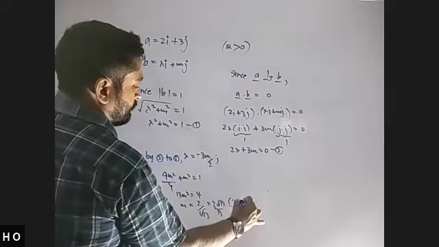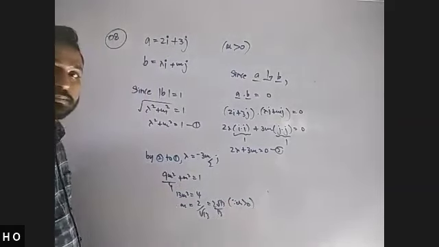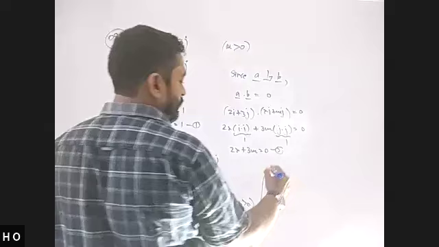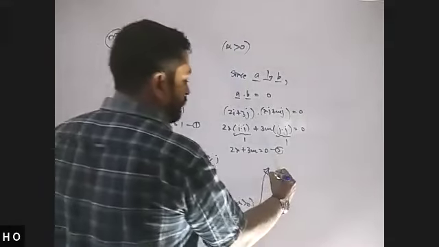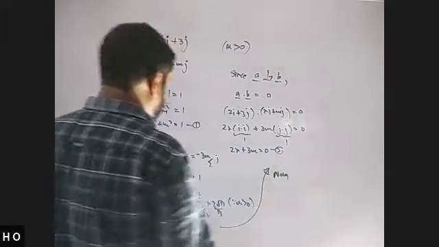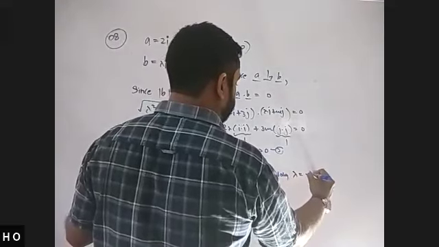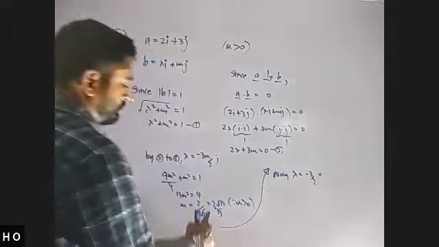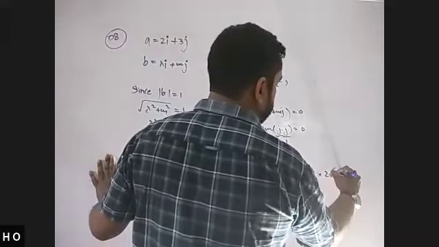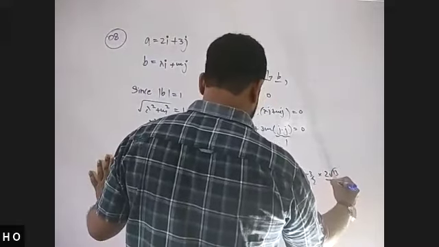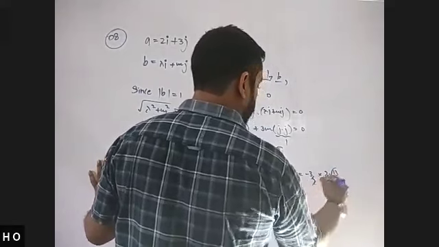Because mu should be positive, I considered the positive value only for the square root. Now, as lambda is minus 3 mu over 2, lambda is minus 3 over 2 into the value of mu, 2 root 13 over 13. The 2 cancels off.